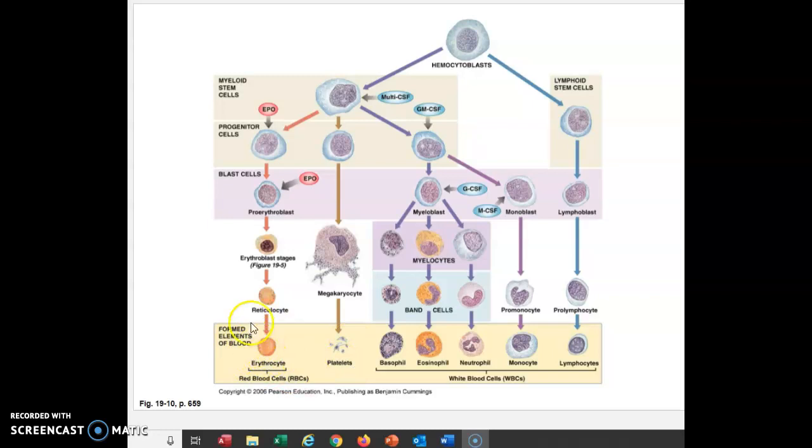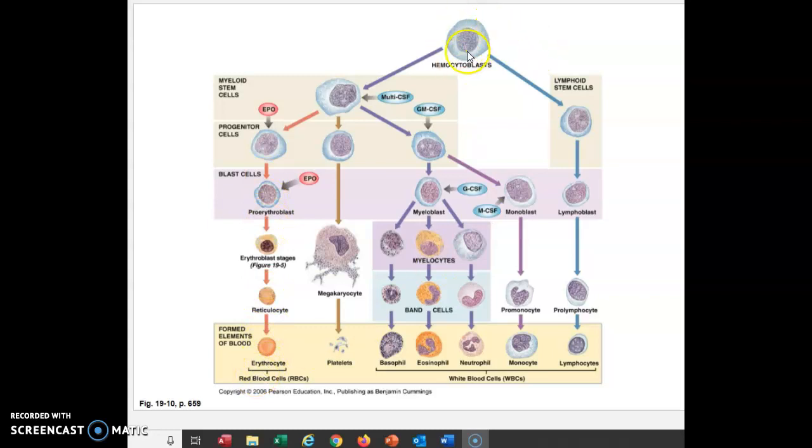So we know that the high 90s, 98% plus of our stem cells are going to go this direction to form this. But what determines whether this stem cell back in the bone marrow, called a hemocytoblast, becomes a red blood cell?